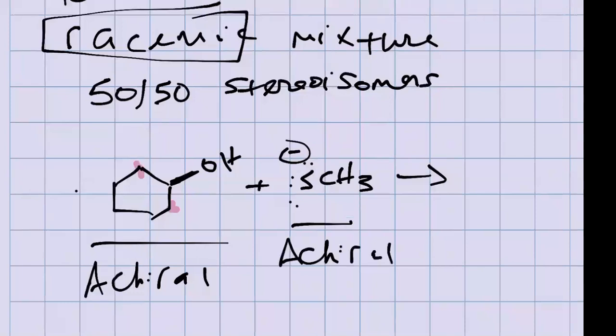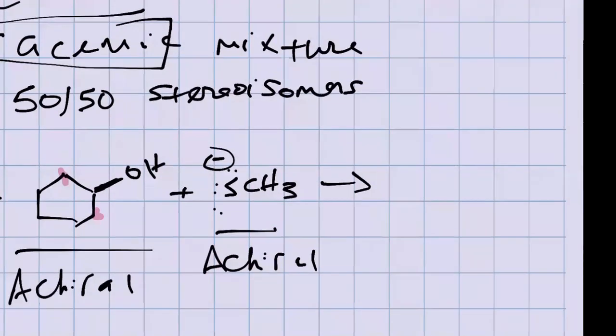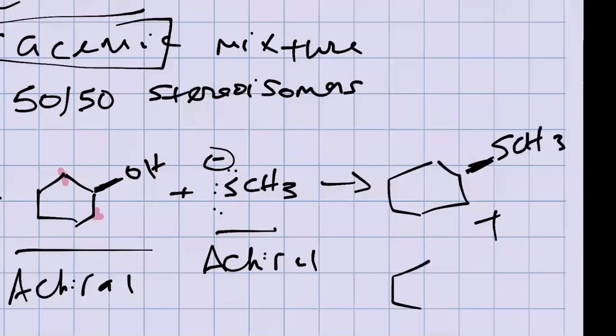So when I react those two together in that substitution reaction, I'm going to get out this, and I'll get out this. Dr. Russell, can you explain again why they're not chiral? That carbon where the hydroxyl group is achiral because it's got two substituents that are identical.